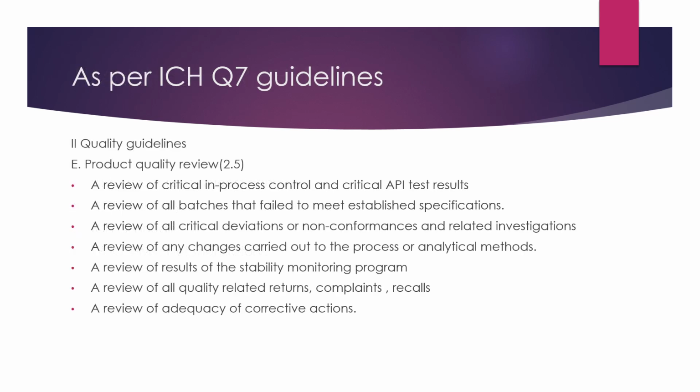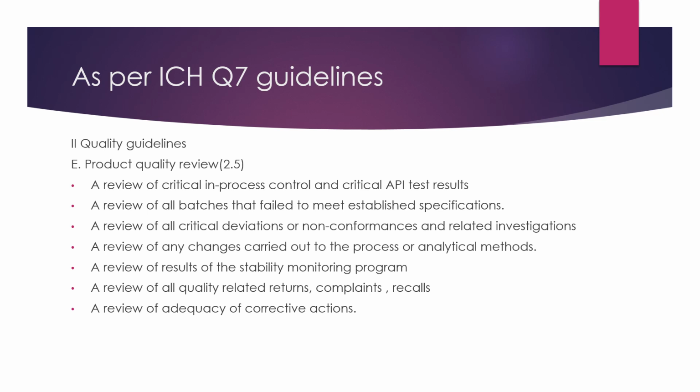So what are the contents that we need to come across or compile during the preparation of APQR? As per ICH guideline, the following things have to be covered. In the ICH Q7 guideline, in Part 2 Quality Guidelines, in Section E, Product Quality Review 2.5.